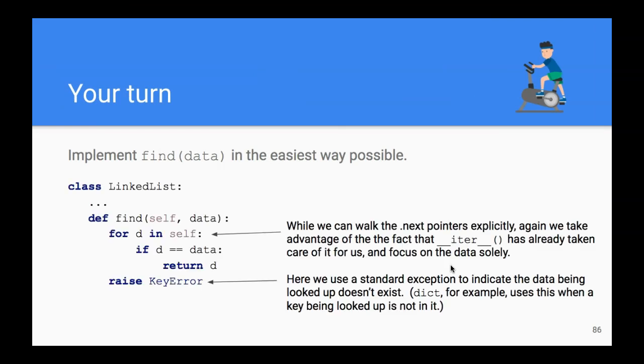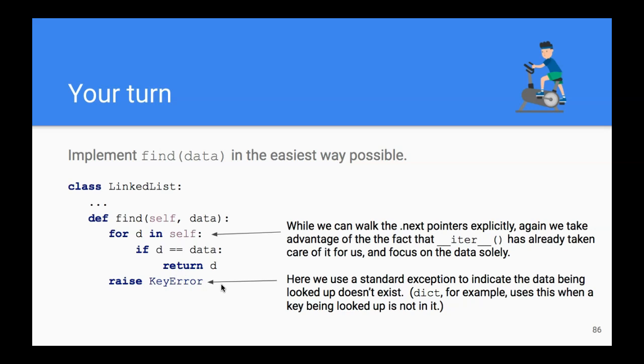And now, again, the reason this is so simple is that, first, we took advantage of the fact that we implemented dunder iter, and we don't have to worry about following the next pointer and that sort of thing. So that's good. And then another thing I want to say is the reason we're using the key error is because key error is already defined.